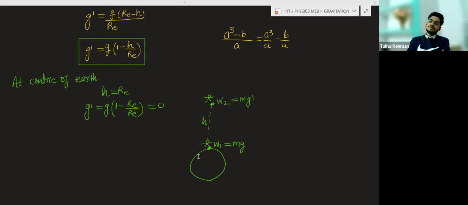In the next class, we will discuss the variation of g with the shape of the earth, because the earth is not a perfect sphere, so the shape will change from position to position, and acceleration due to gravity will also change. And one more thing we will discuss, due to the rotation of the earth, the acceleration due to gravity also changes.